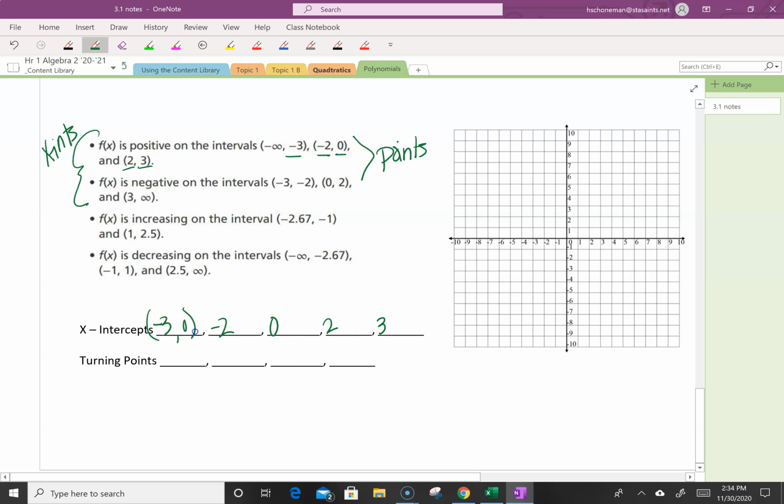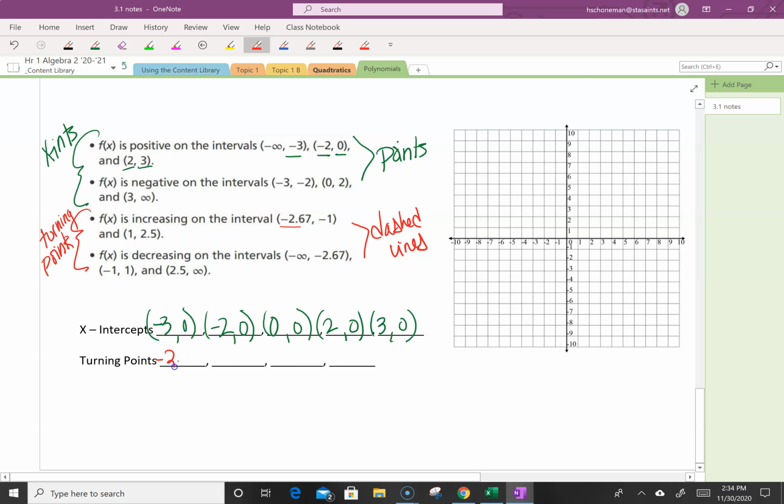They're x-intercepts, so I'm going to write them as an ordered pair, some number, comma, 0. Okay. The increasing and decreasing tell me my turning points. When I graph these I'm going to graph them as dashed lines. And I'm going to list all the numbers that are not infinity.